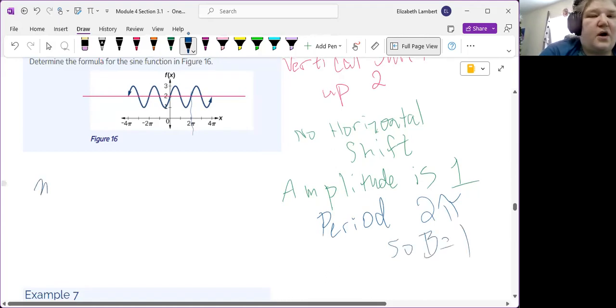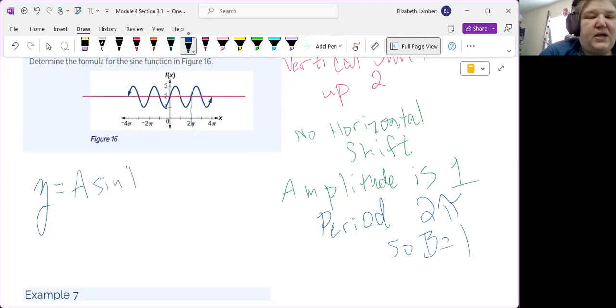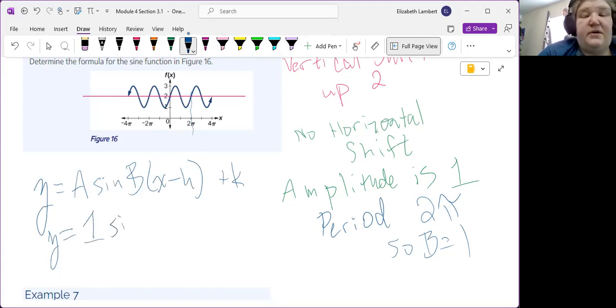So for our formula, we have A sine B(x minus h) plus k. So our amplitude A is 1, sine. Our B is 1 because our period is the normal size. X minus, there's no horizontal shift.